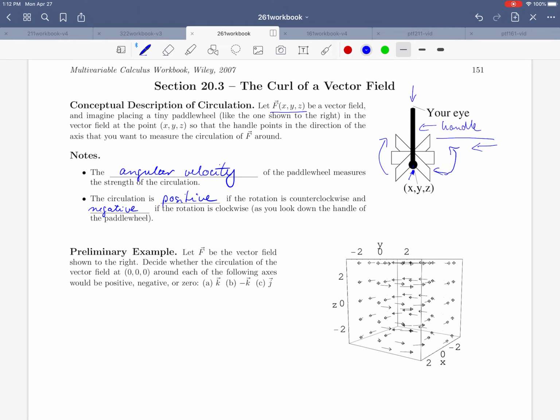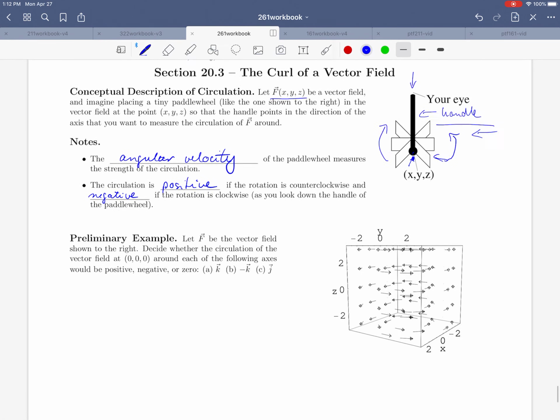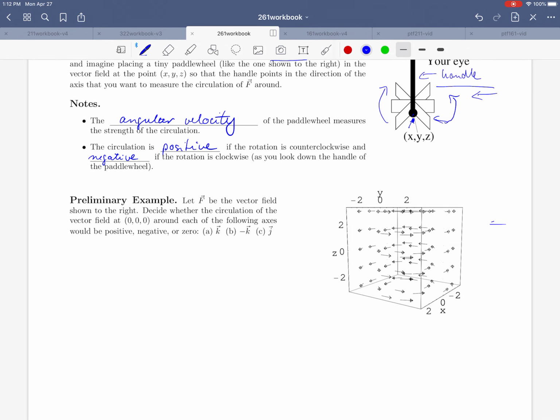All right. Let's look at the example that we already saw in the previous video. The preliminary example right here, looking at the vector field on the right. This is the same vector field that I was attempting to draw on my little whiteboard. So there is rotation going on in every plane that's parallel to the XY plane. So we have this rotation going around this way, no matter where we are in our 3D vector field.